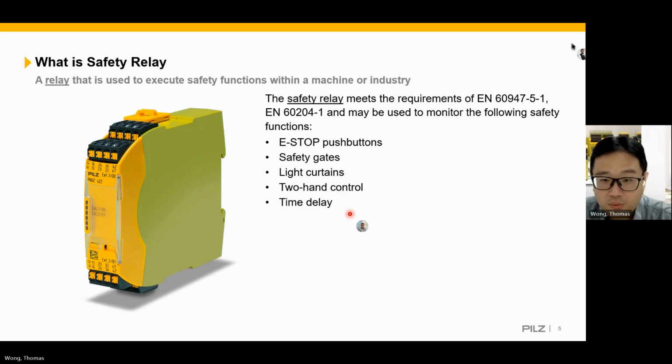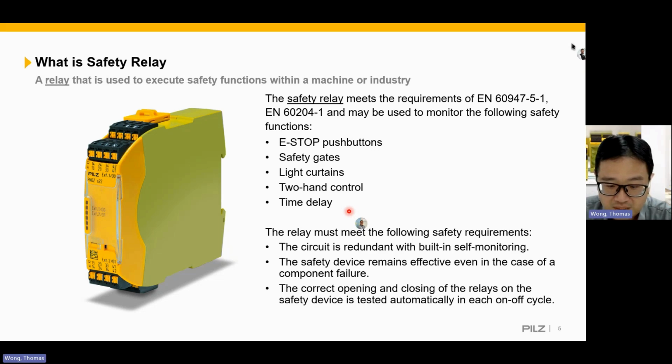We also have to take note that each of these safety relays can only control one function. Imagine you need two functions, for example an e-stop and a safety gate. You would need two safety relays. You are not able to connect more than one function to one safety relay, unless it's built for this. Usually they are single, okay?